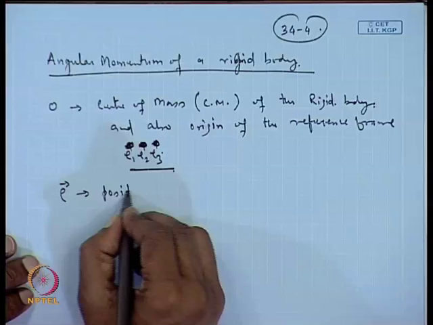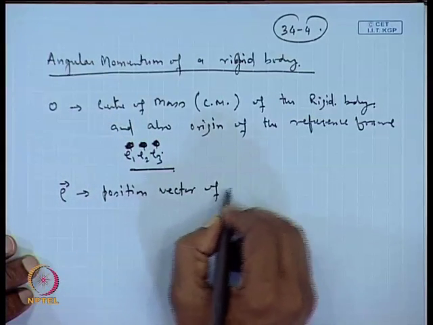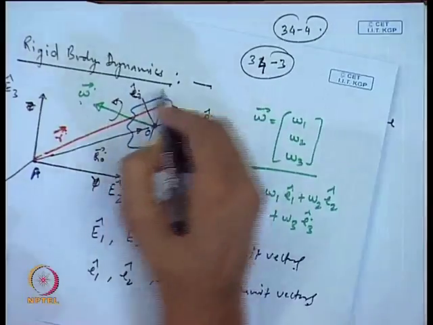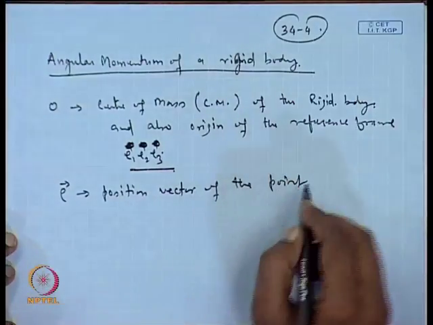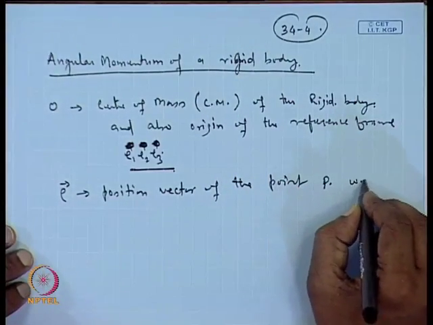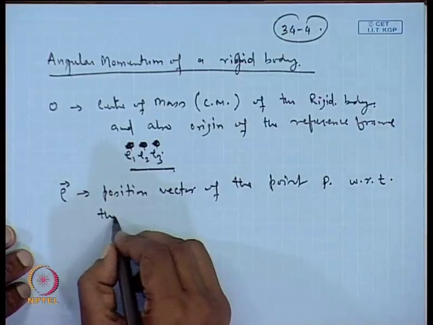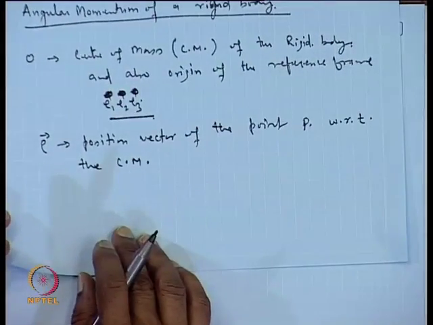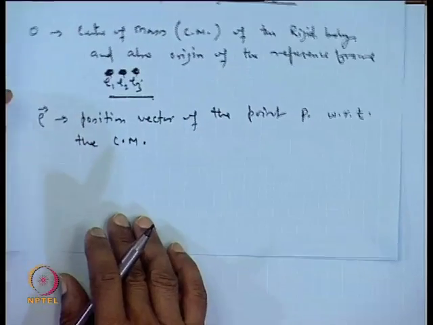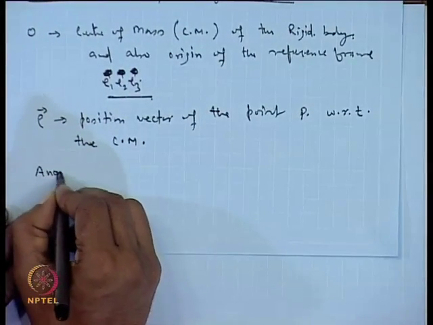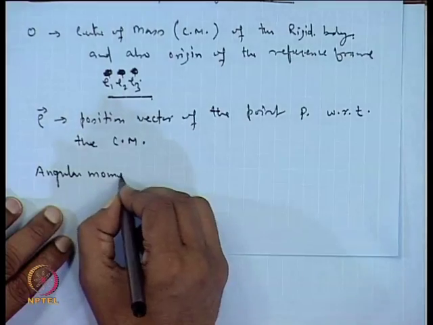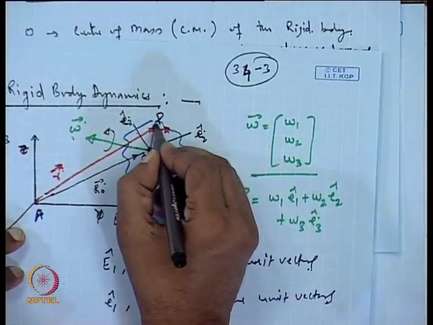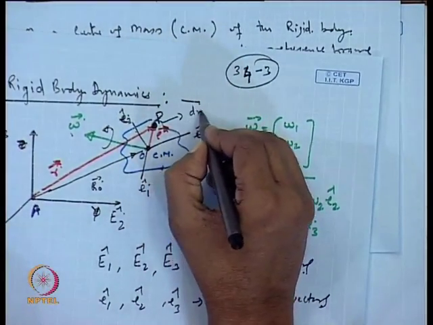Rho is the position vector of the point, let us say this point is P, with respect to the center of mass. Now for the angular momentum: there is a small mass located at this point, let us say its mass is d m.